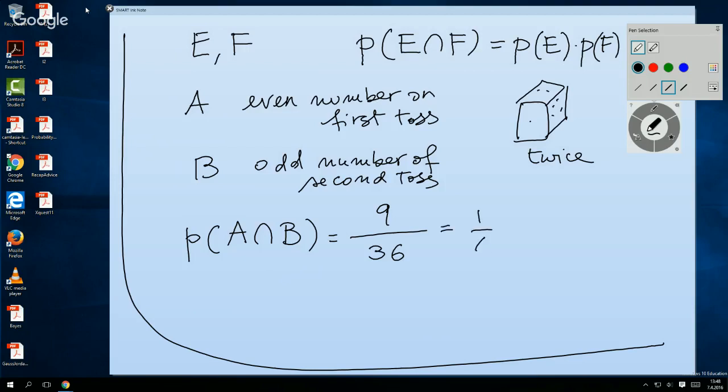So 9 out of 36, 1/4. Yeah, but what is the probability that if I toss a die, I get an even number? It's a half. There are 3 out of 6. Well, it's the same probability of getting an odd number. Hey, a half times a half is a quarter.